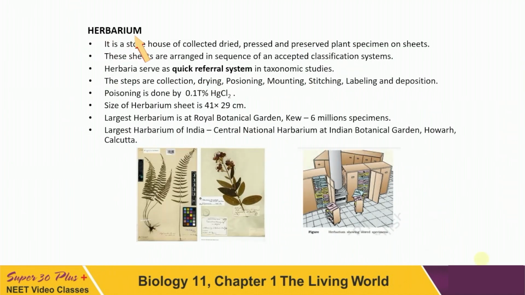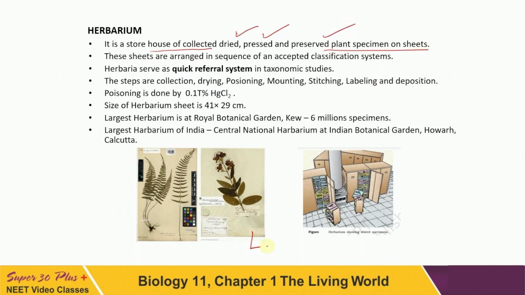This is herbarium. You must have done this in your earlier classes, primary or secondary classes. For the herbarium, a piece of leaf is taken, put in the fold of newspapers, and that will dry and become your herbarium. The herbarium is a storehouse of collected, dried, pressed, and preserved plant specimens that are preserved on a sheet.